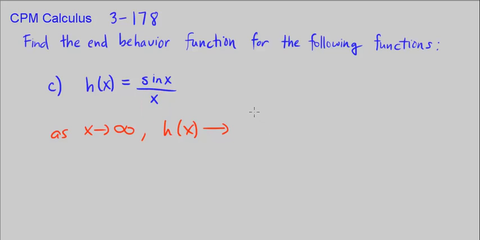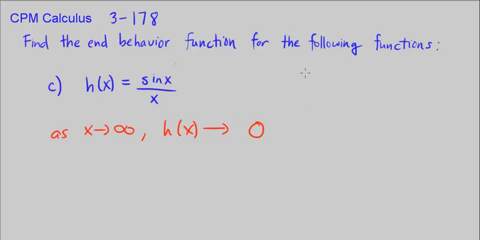So that's basically some oscillating number over a really big number, right? And so that's basically going to become 0. Okay, because if we plug in x is infinity, well, this is still going up and down in the numerator, and in the denominator it's so big, so that ratio is going to be 0.